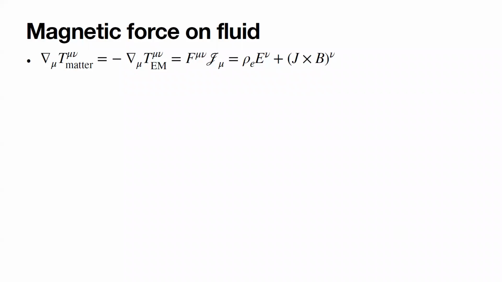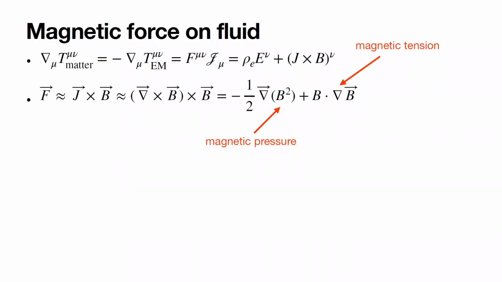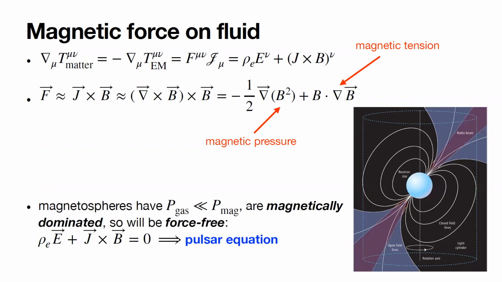For the Lorentz force. I can expand this thing J cross B out, again, throwing away the displacement current term, and I get 2 terms that actually make some sense. I get a magnetic pressure term that says field lines don't like to be squeezed together, and I get a magnetic tension term that says field lines don't like to be bent. And so here's the neat thing: J cross B.